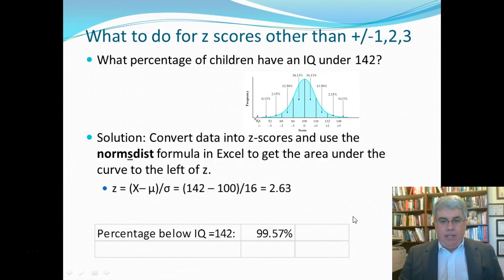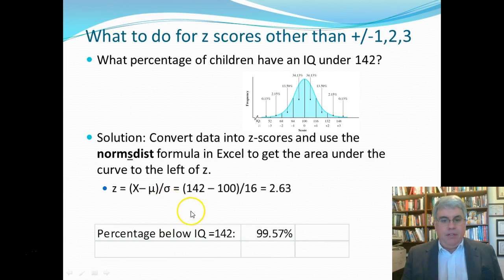So let's go to our example of what percentage of children have an IQ under 142. What we need to do is convert the data into z-scores and use the NORM.S.DIST formula, don't forget to put the S in there, in Excel to get the area under the curve next to z. So our formula for z is the raw score minus the mean, that quantity, divided by the standard deviation.